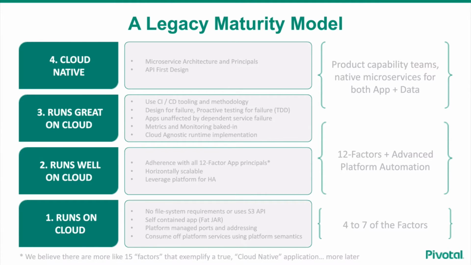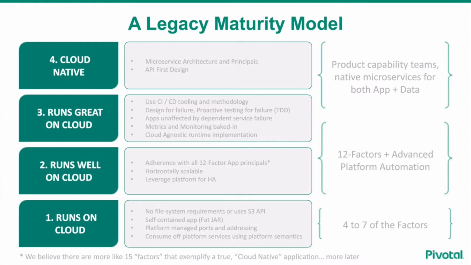Also, you want a self-contained application. You want platform-managed ports and addressing. You want to consume off-platform services for persistence, things like databases or messaging systems or other sorts of cloud middleware or cloud services.